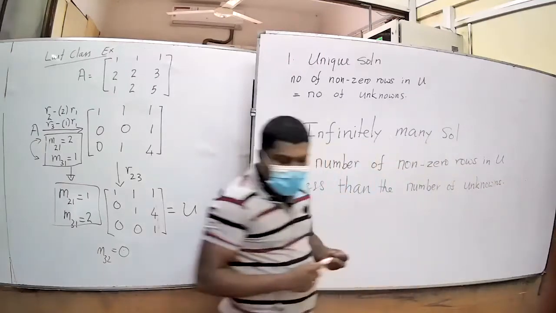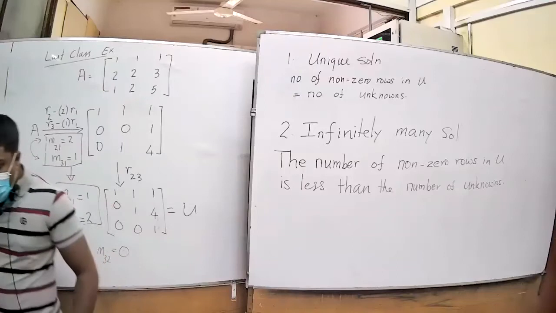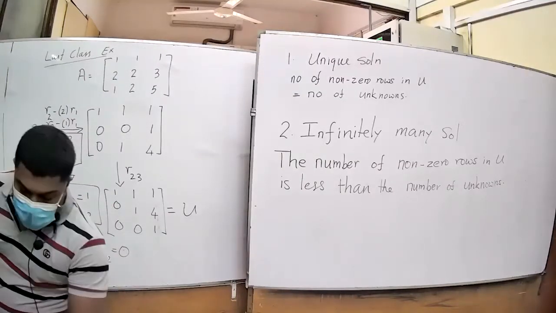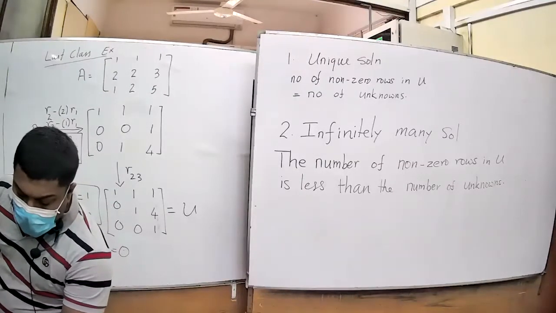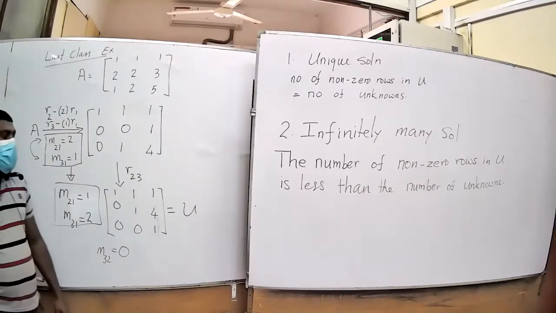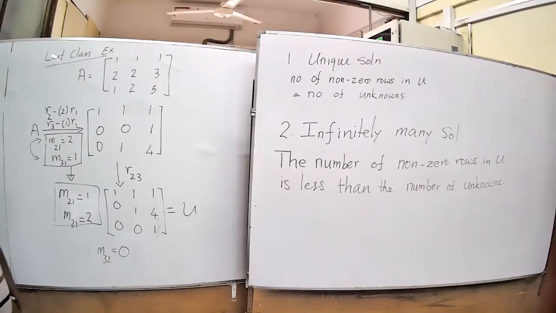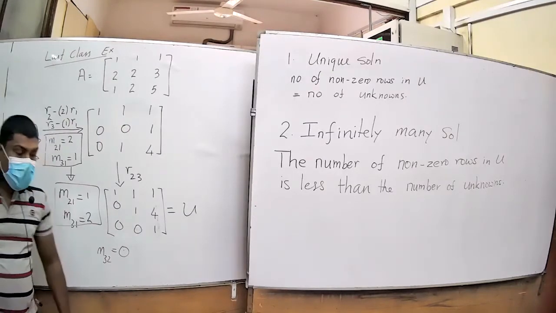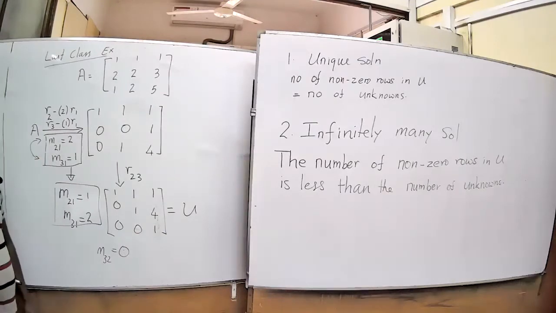So in this case, the number of non-zero rows in the upper triangular matrix should be less than the number of unknowns in the system.